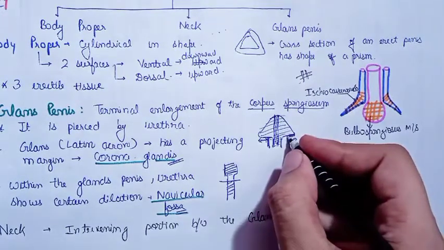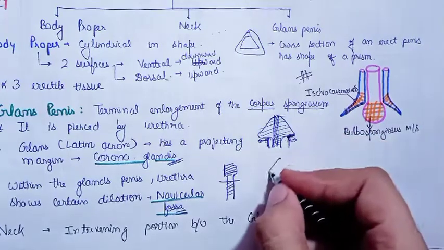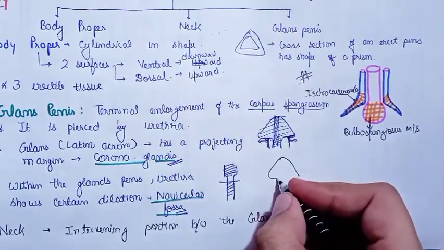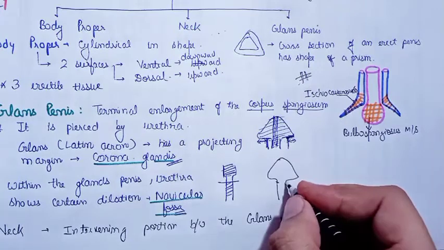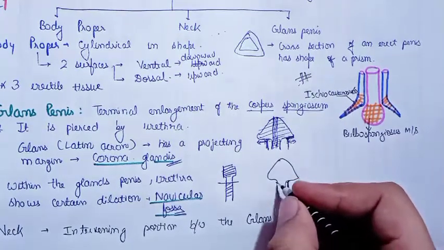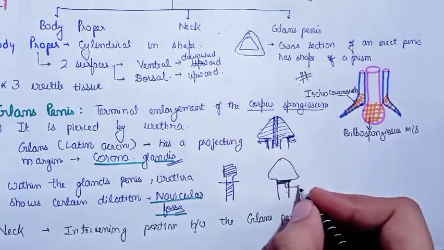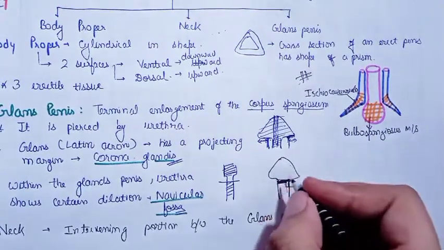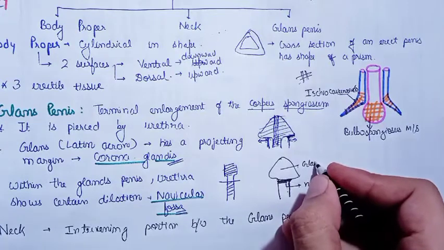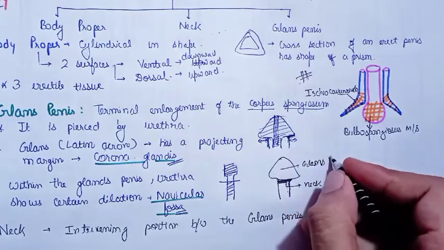Let me draw a new diagram. This portion you see over here, this much is the neck part. The upper part is the glans penis and the lower part is the body proper.